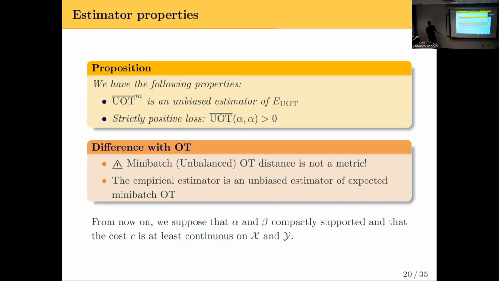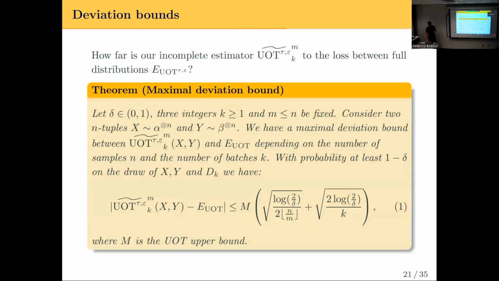And so for all the theorems now, I just consider that I have 2 probability distributions with compact supports. Because it's just easier to write the proofs. And it is also the case when you deal with images. So the first result is that I have a concentration bound between my incomplete estimator and its expectation.